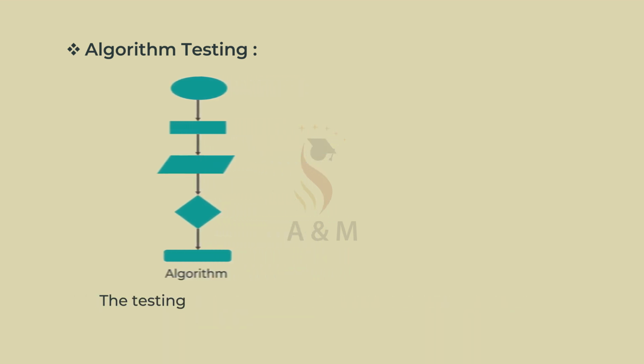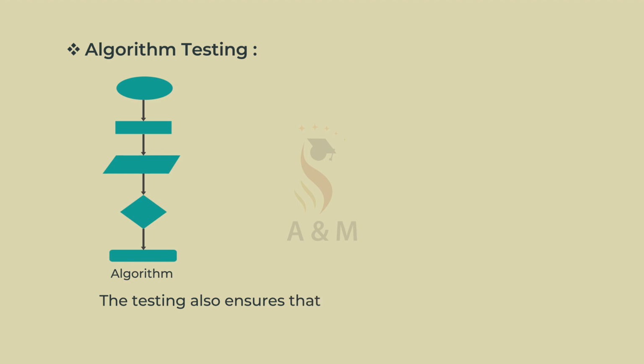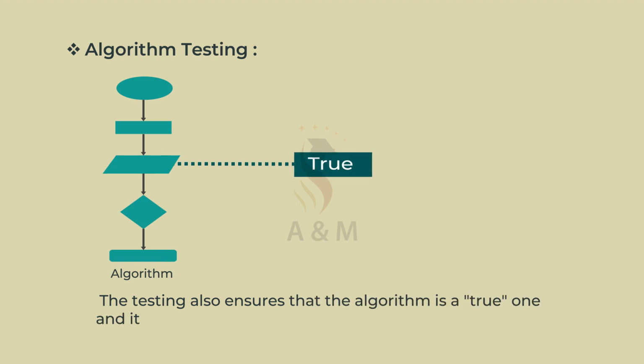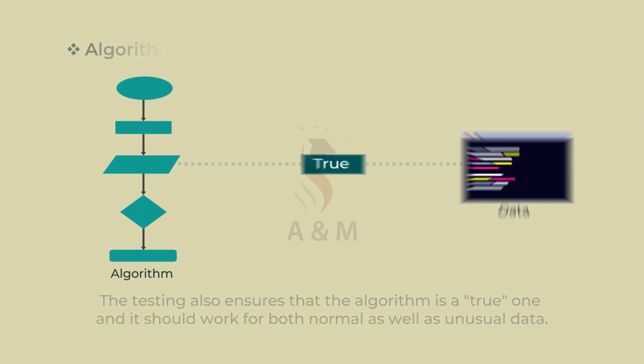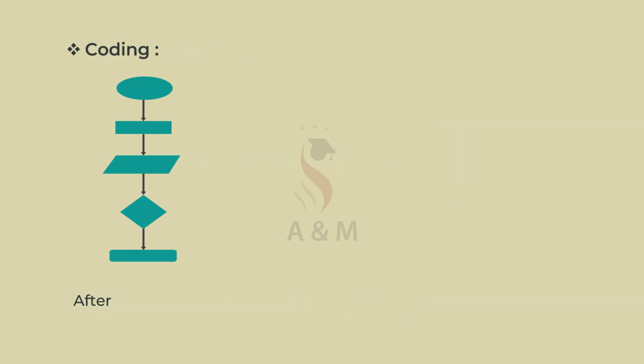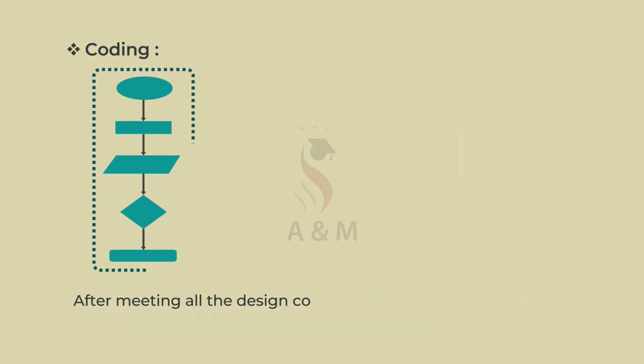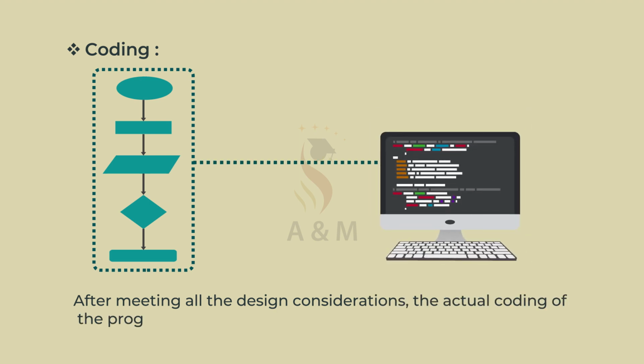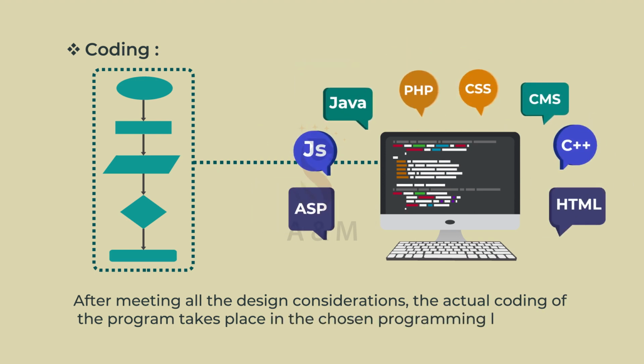The testing also ensures that the algorithm is a true one and it should work for both normal as well as unusual data. Coding. After meeting all the design considerations, the actual coding of the program takes place in the chosen programming language.